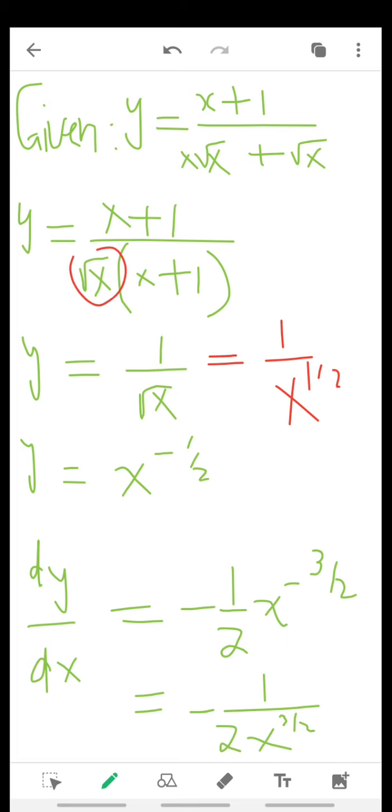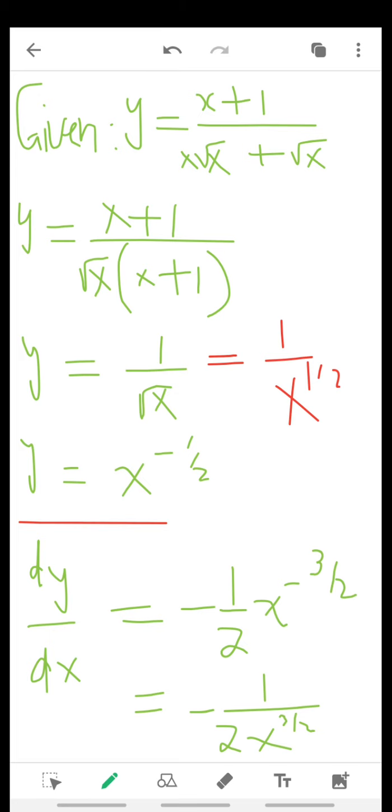Now remember I said to you, you must show me what root x is. Root x is x to the power of 1 over 2, then 1 over x to the power of half is written as x to the power minus half. The 1 over gives you the minus on the same exponent.